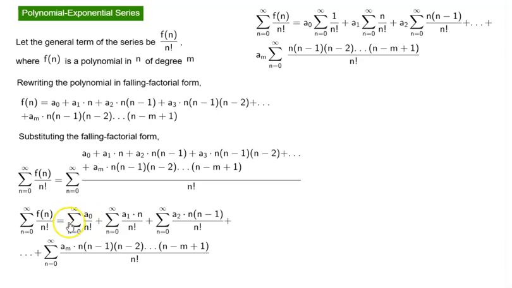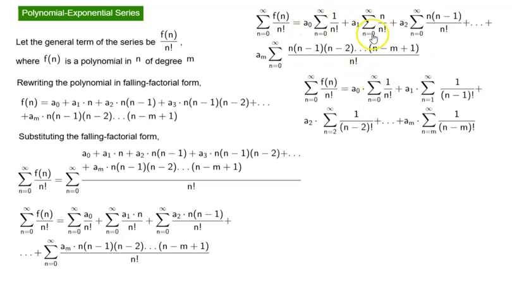Simplifying this, let's take the constants or the coefficients out of the summation. We get this expression. And now, in the second term, you have n by n factorial. So this n factorial in the denominator can be written as n times n minus 1 factorial.